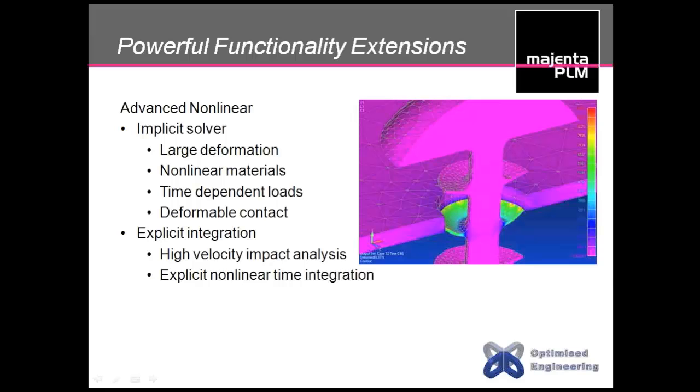So we've looked at a lot of the standard capability from Femap, but there are all these powerful extensions, solver add-ons that are available, such as advanced nonlinear, that enables you to deal with deformable materials. I mean, this looks like some kind of metal forming, or some deformable fastener. And you can look at high velocity impact types of analysis as well.